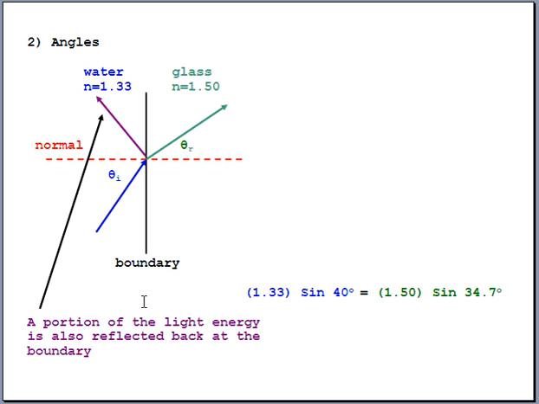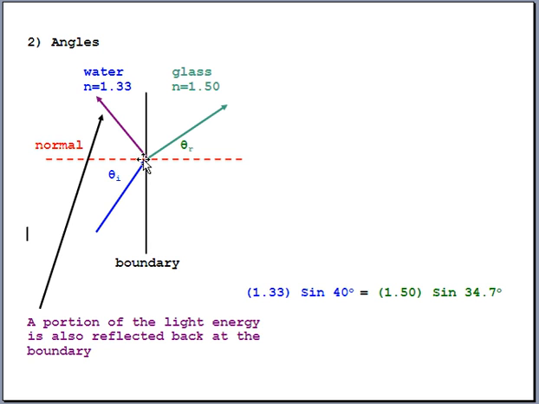A fraction, a portion of that light energy is actually reflected back. It would be at a 40-degree angle compared to the normal. And then a portion of it makes it into the glass. I've just arbitrarily made the little rays blue and purple and green, just for the sake of clarity. Not that the light would actually be that color.